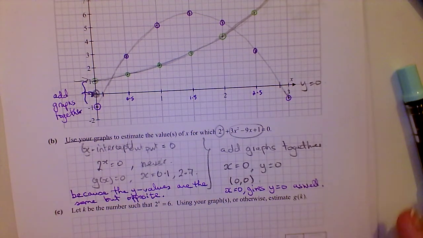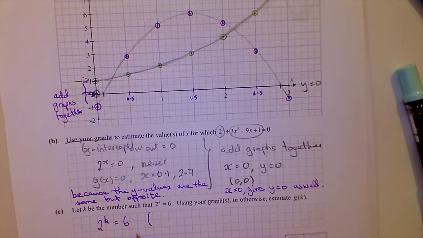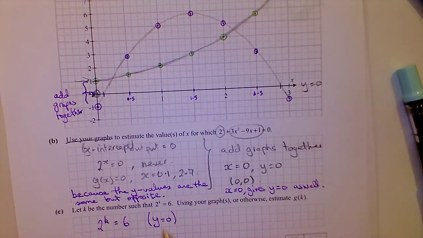Okay, let's look at part C. Let k be a number such that 2 to the power of k is equal to 6. So again, they're telling me the output. I'm looking for the value where y is equal to 6.